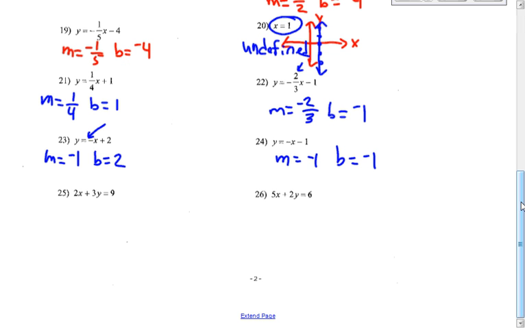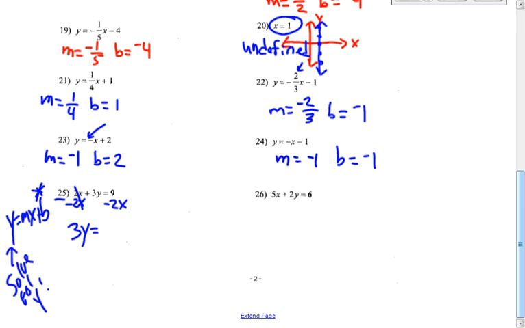So, special case for number 25. It must be in y equals mx plus b format. If it's not, you have to solve for y. So remember, you have to get y alone first. So you subtract 2x from both sides. You get 3y equals negative 2x, I'm going to put that first, plus 9.